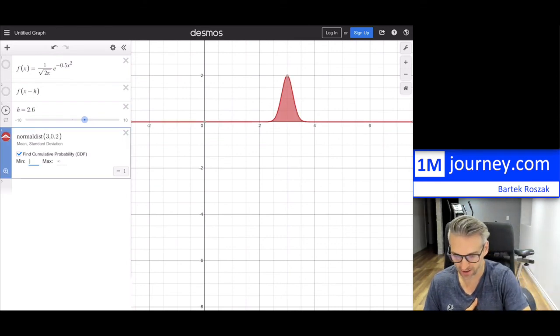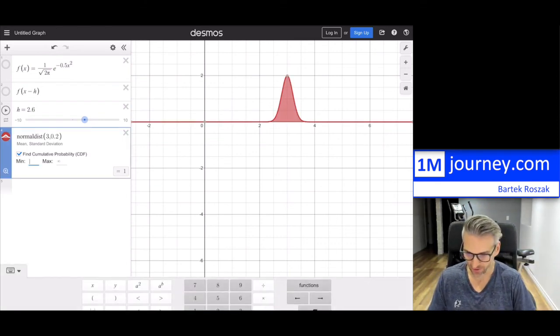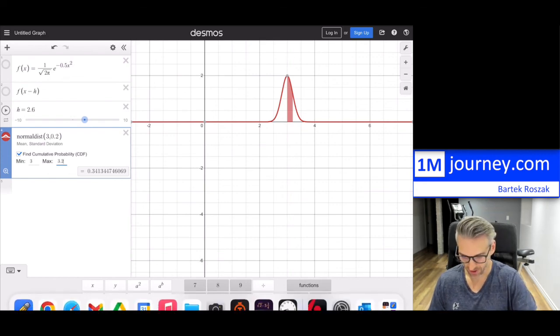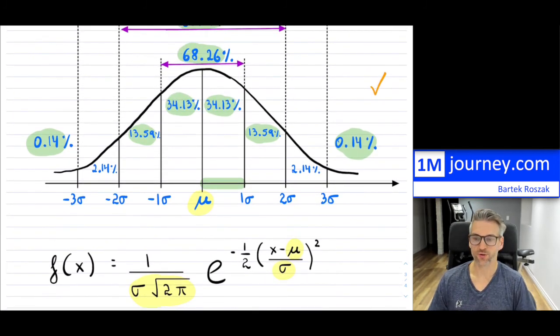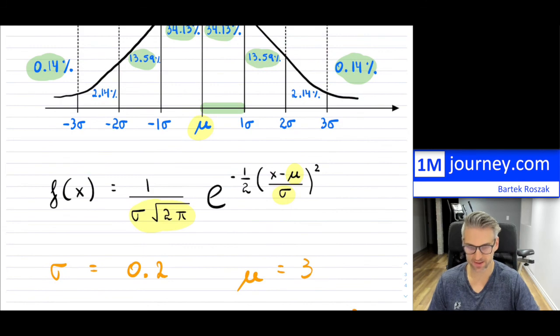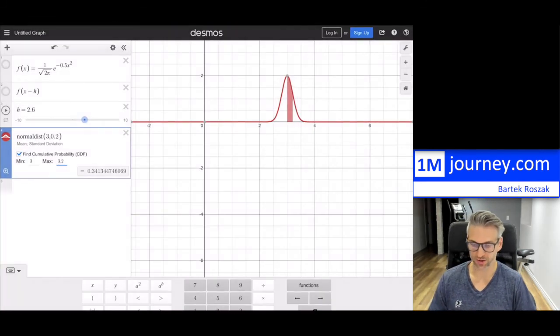But what I want is from 3 to 3.2. And notice 0.34, 1, 3, 4, and so on. So about 34%, which is exactly, if I go back into here, 34.13, so that was rounded to 2 decimal places. Typically, we just say 34.